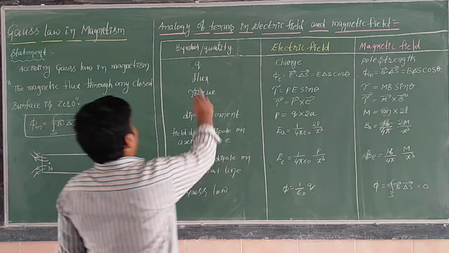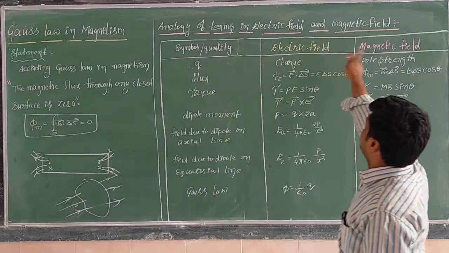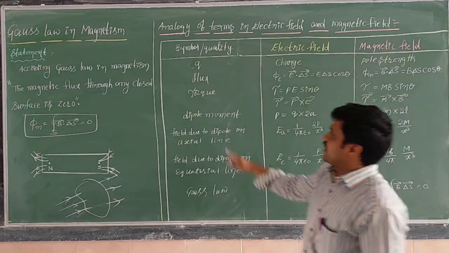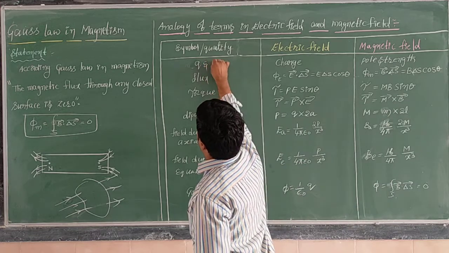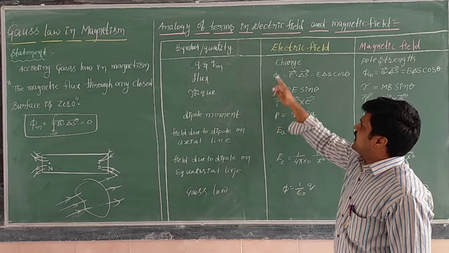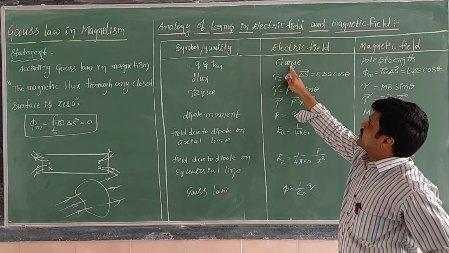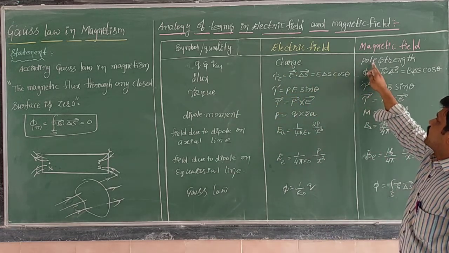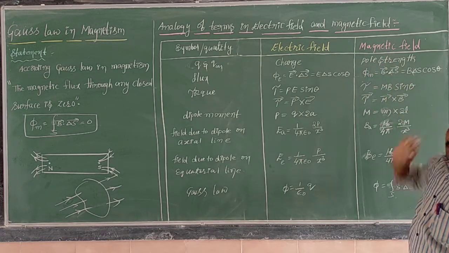Next one. Analogy of terms in electric field and magnetic field. In electric field, charge Q; in magnetic field, Qm. Whatever role is played by the charge in electric field, the same role is played by the pole strength in magnetic field.